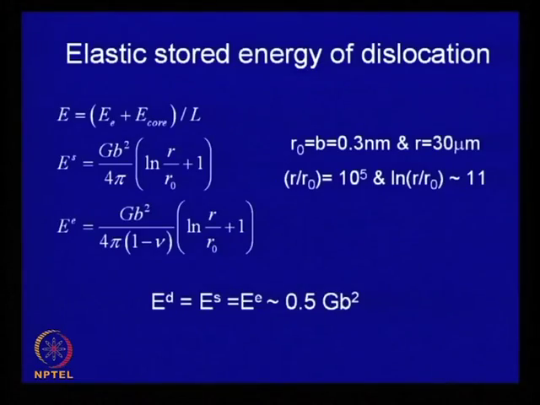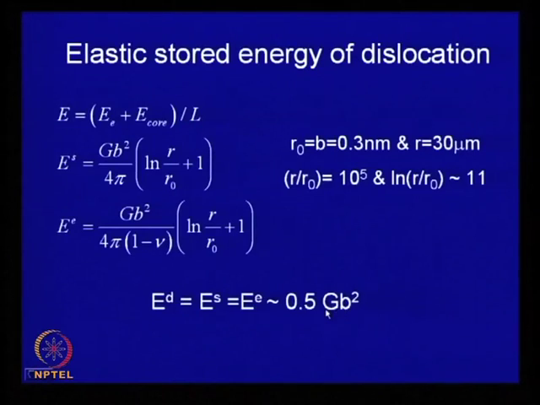And broadly, when we consider dislocation interactions, often we do not go through such rigorous calculation, we make approximations. Any dislocation will have a part screw character, part edge character, each with a different level of energy, and a good approximation, irrespective of the character of the dislocation, is that the energy per unit length of the dislocation is equal to 0.5 G b square.